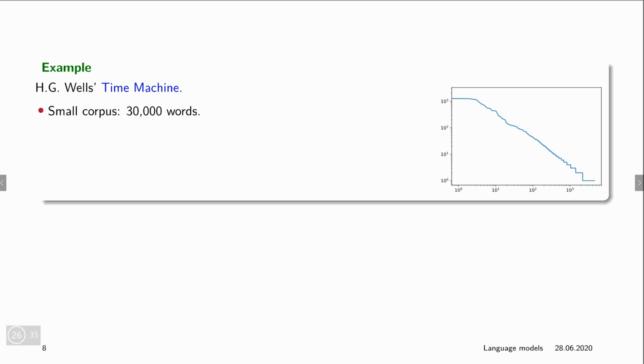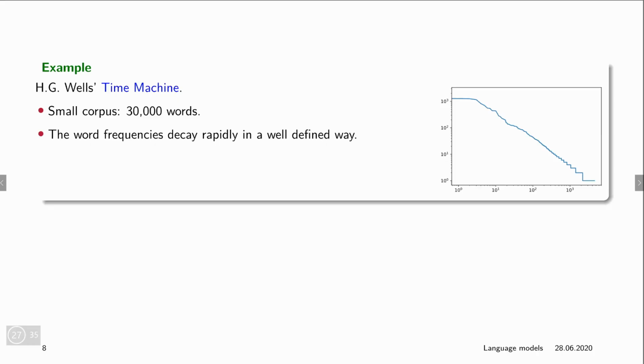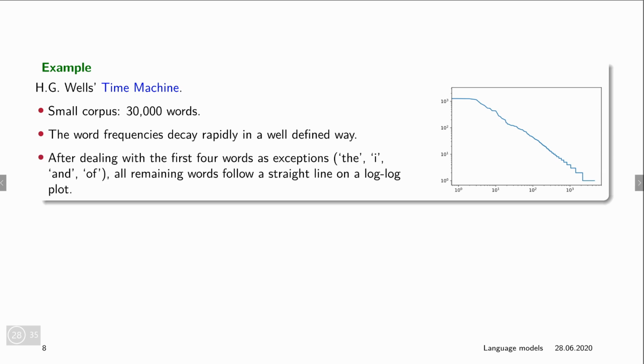So Time Machine is a relatively small corpus of only 30,000 words, and the word frequencies decay in this particular fashion. So it's a straight line, or linear, on a log plot. The first few words here are so-called stop words, where stop words are very frequent words that tell us very little about the meaning of a sentence.